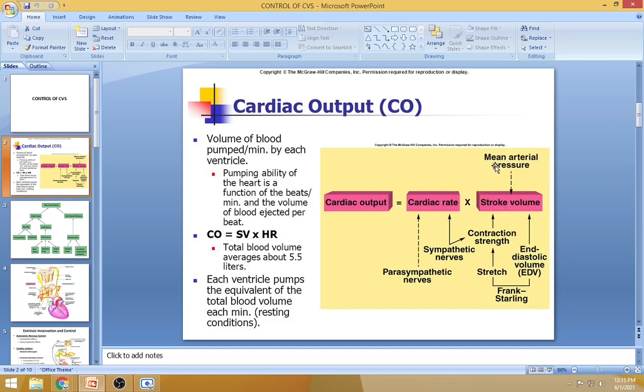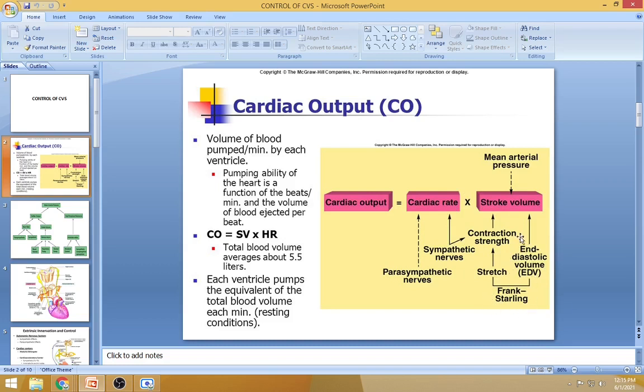Okay, because mean arterial pressure also controls the stroke volume by decreasing it, because we'll come to this later. I will have a separate class on why it has an effect on the stroke volume. But anyway, these are two determinants and these are all factors controlling. End diastolic volume is again determined by Frank-Starling's.